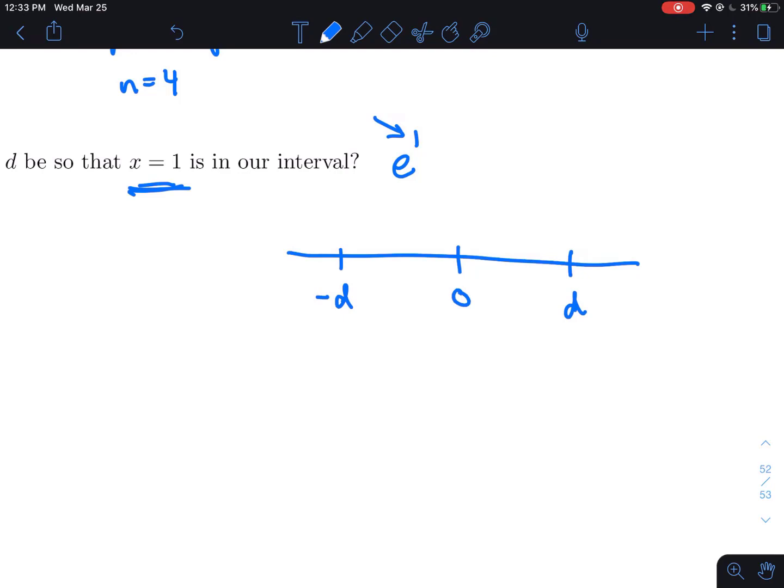And then maybe I'll use green here to say that this right here would be this interval, in our case from 0 minus d, because our center is 0, to 0 plus d. And we want to make sure that x equals 1 is in this interval.